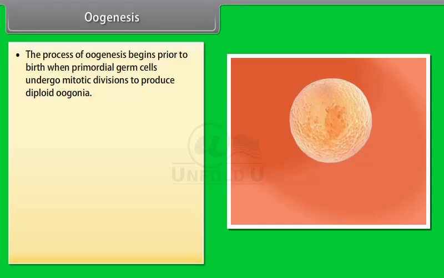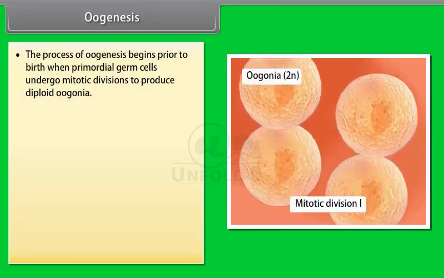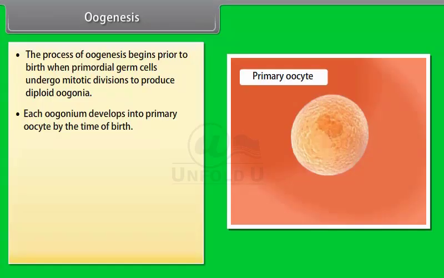Oogenesis. The process of oogenesis begins prior to birth when primordial germ cells undergo mitotic divisions to produce diploid oogonia. Each oogonium develops into a primary oocyte by the time of birth.